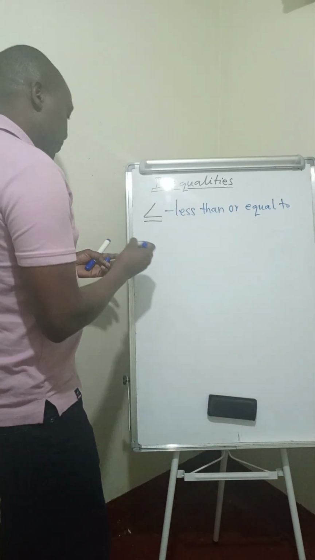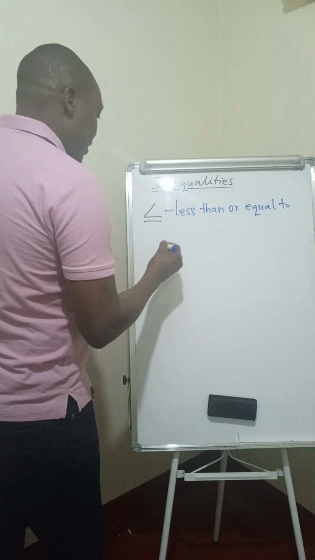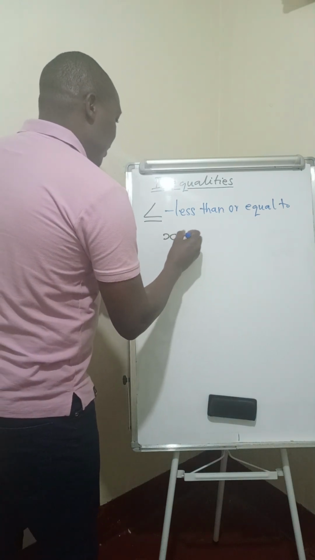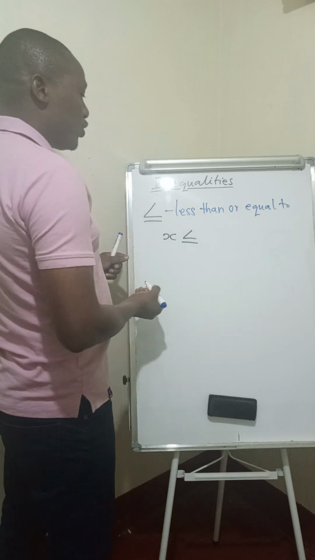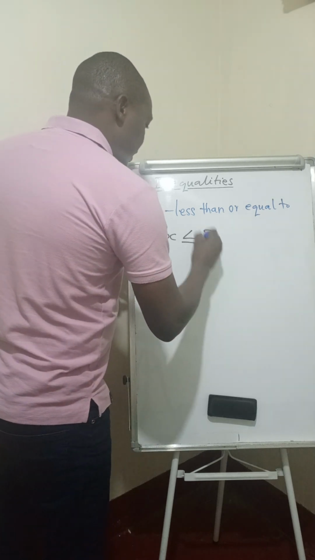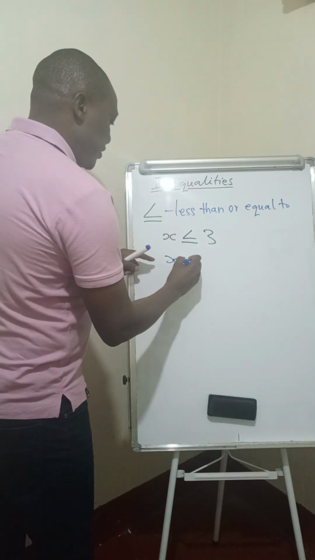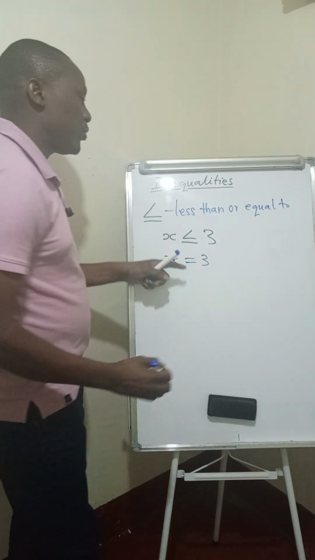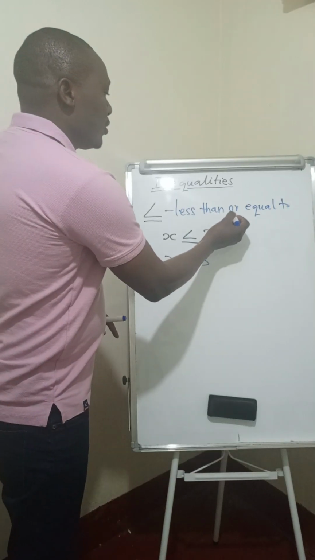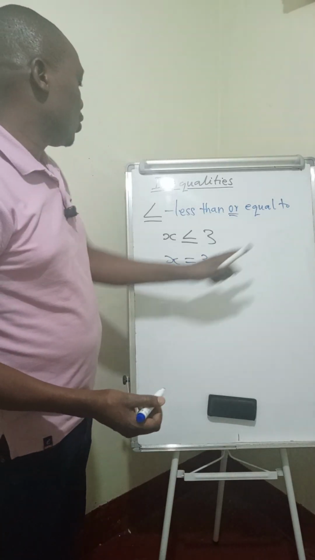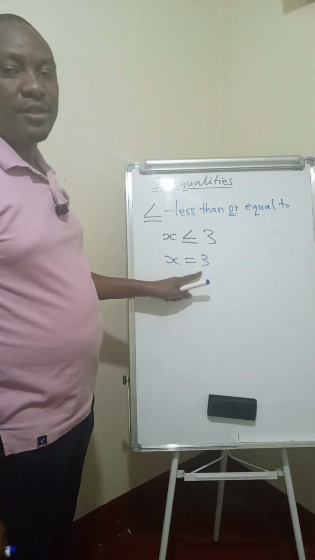For example, if x is less than or equal to 3, the value of x can be 3. We have said "or equal to," so the value of x can be 3.